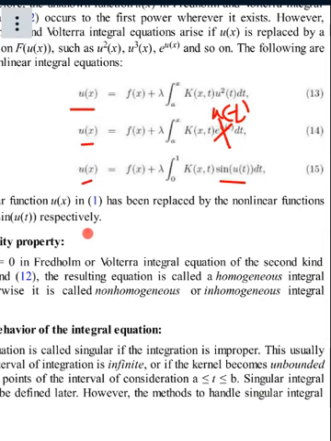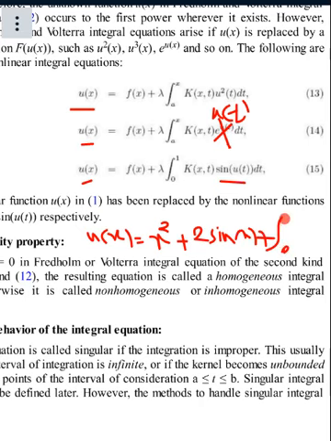For example, you have this equation as the linear integral equation: u of x equals x to the power 2 plus 2 times sine of x plus the integral of t u of t dt.